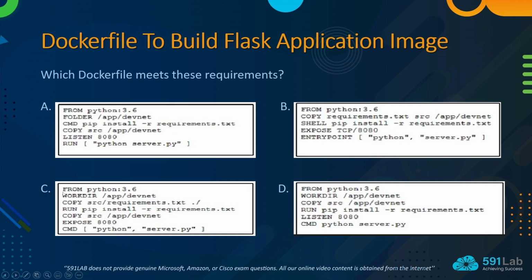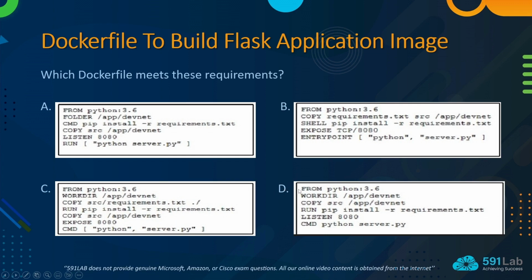Answer C. From Python 3.6 and use workdir to define the directory, and then copy requirements file, then run pip, and then copy the application folders. Expose 8080, use cmd to run the command.